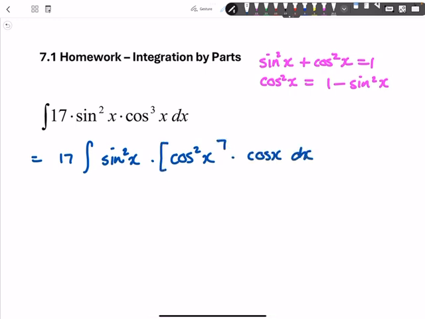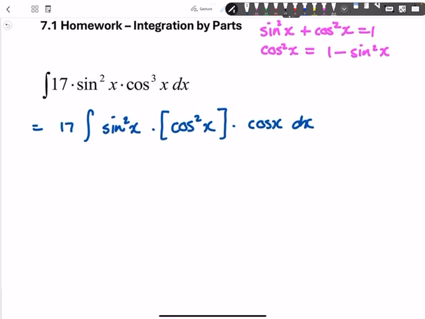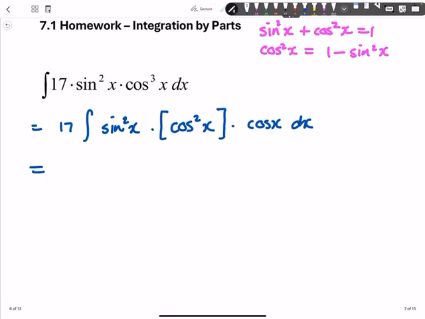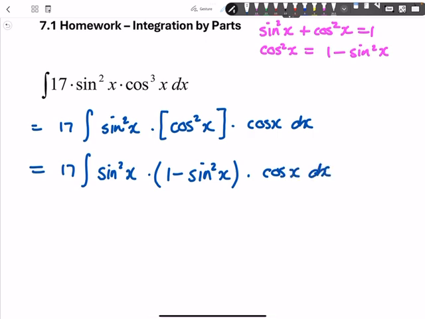And this cosine squared of x right here, I'm going to replace using the identity. So this will be 17 times the integral of sine squared of x times 1 minus sine squared of x times cosine of x dx.